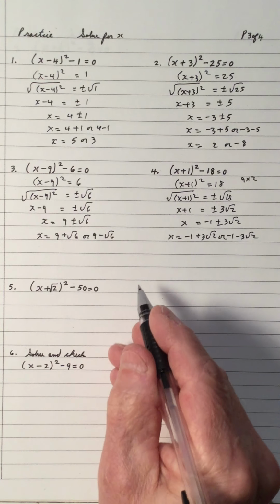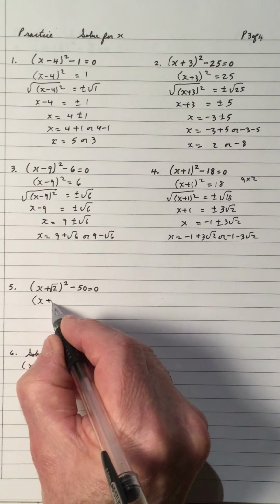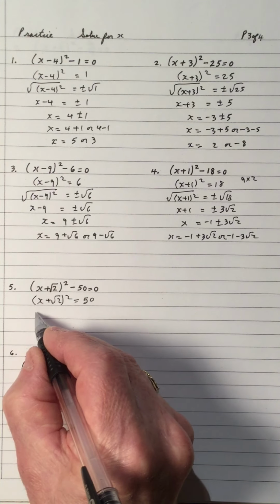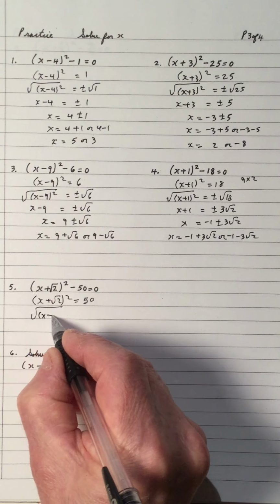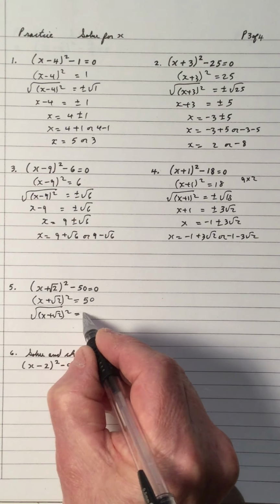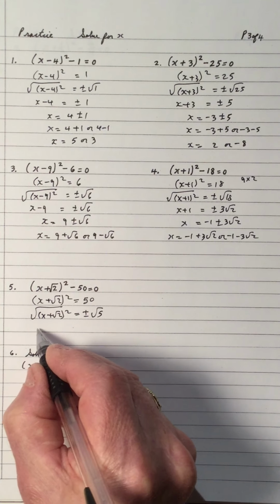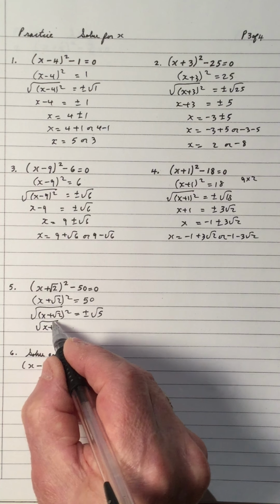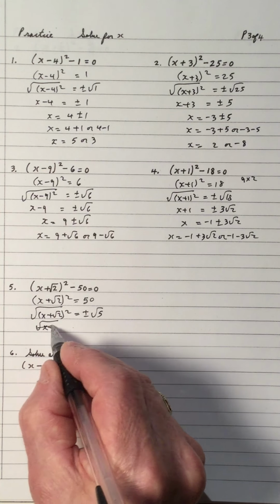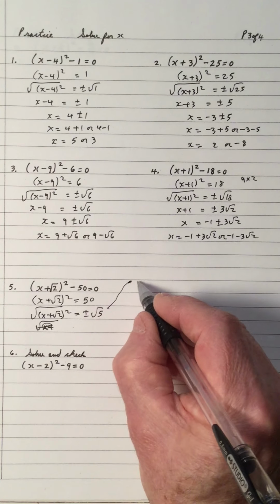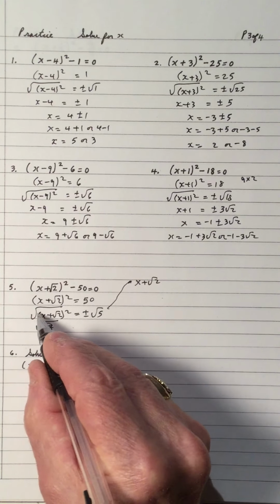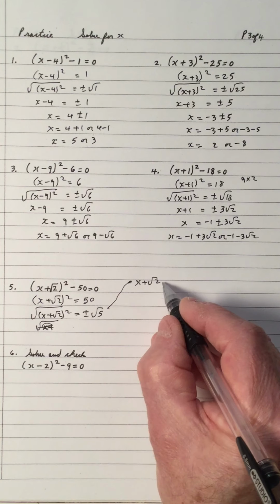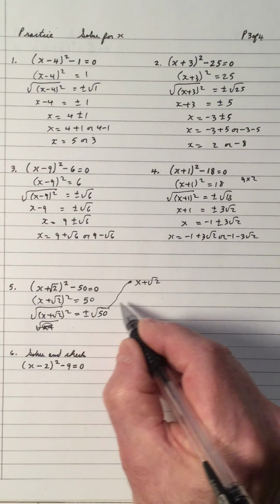And number 5, we have x plus root 2 squared equals 50. The square root of x plus root 2 squared equals plus or minus the root of 50. That's an x plus root 2, because the square root of x plus root 2 squared is x plus root 2, and that's a 50 right there.